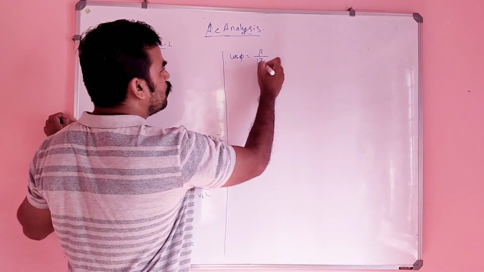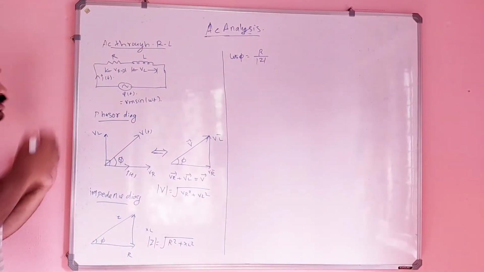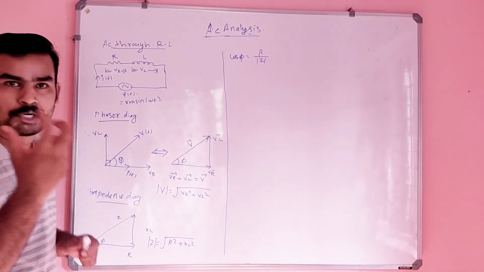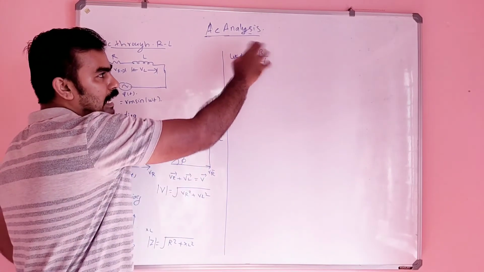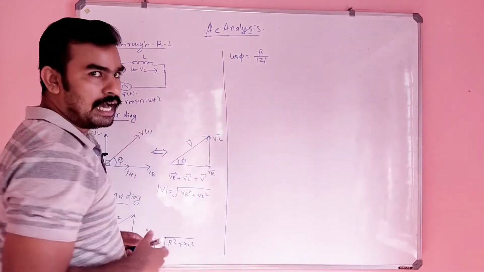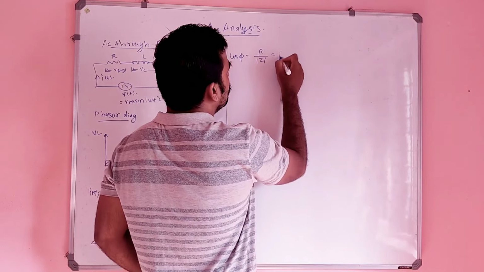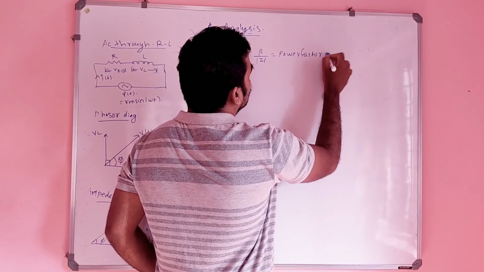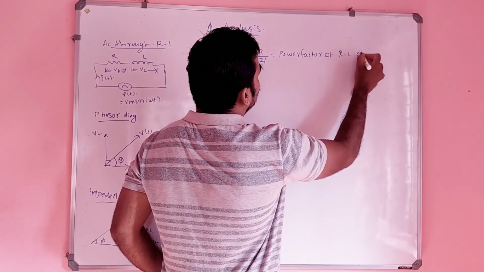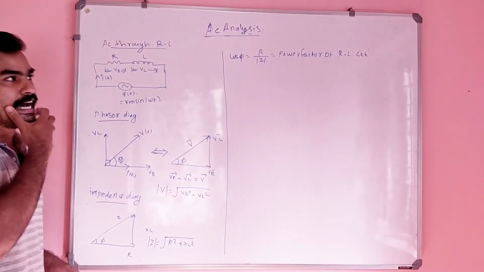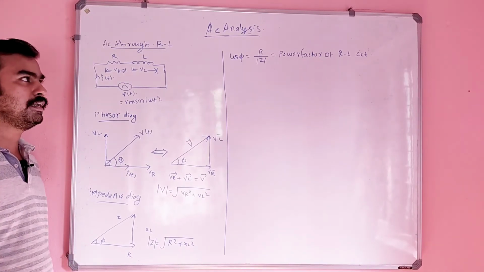So R by mod Z, because cos phi is a pure value, not the vector Z. So cos phi is equal to R by Z. It is called the power factor of the RL circuit. It's very important.